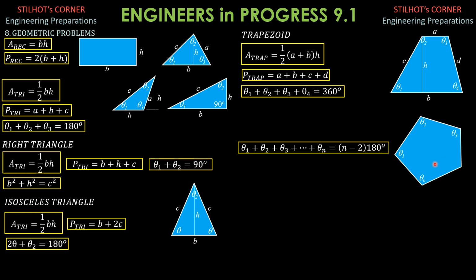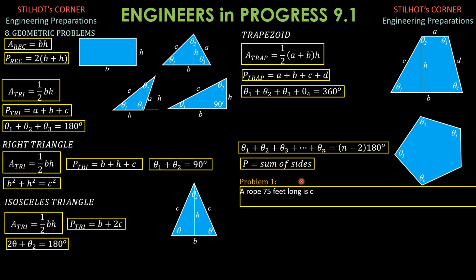That's the general case here, but from algebra's point of view, we just limit our focus to common shapes such as rectangles, squares, and triangles. The most would be that of trapezoids. So perimeter is the sum of sides in general. So let's have now our first example.